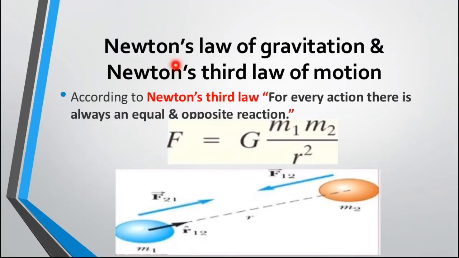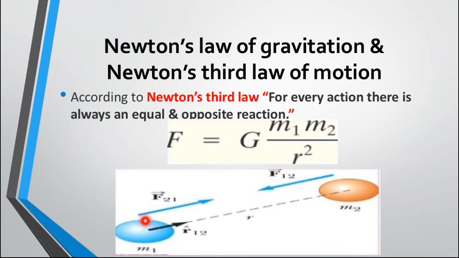Now what is the relation between Newton's law of gravitation and Newton's third law of motion? According to Newton's third law of motion, for every action there is always an equal but opposite reaction. As we know, mass m1 attracts m2 towards it with the force F, and m2 attracts m1 with a force of the same magnitude but in the opposite direction.